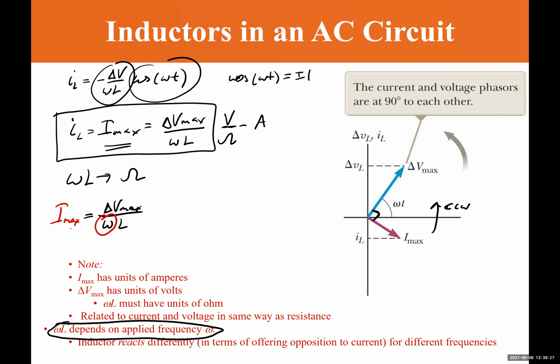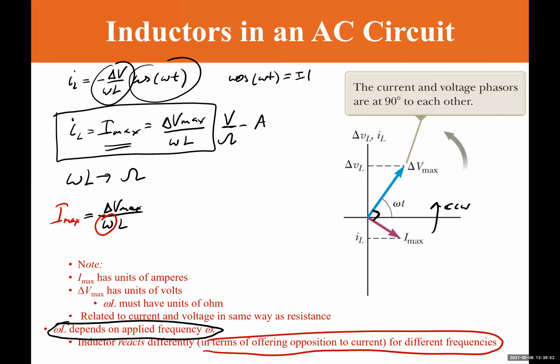That means you get a different maximum current, different peak current, depending on what your angular frequency is, okay? For the resistor, that was not the case. It was just delta V divided by R. That's it. There was no angular frequency dependence. But here there is. That means the inductor reacts differently in terms of offering opposition to the current.